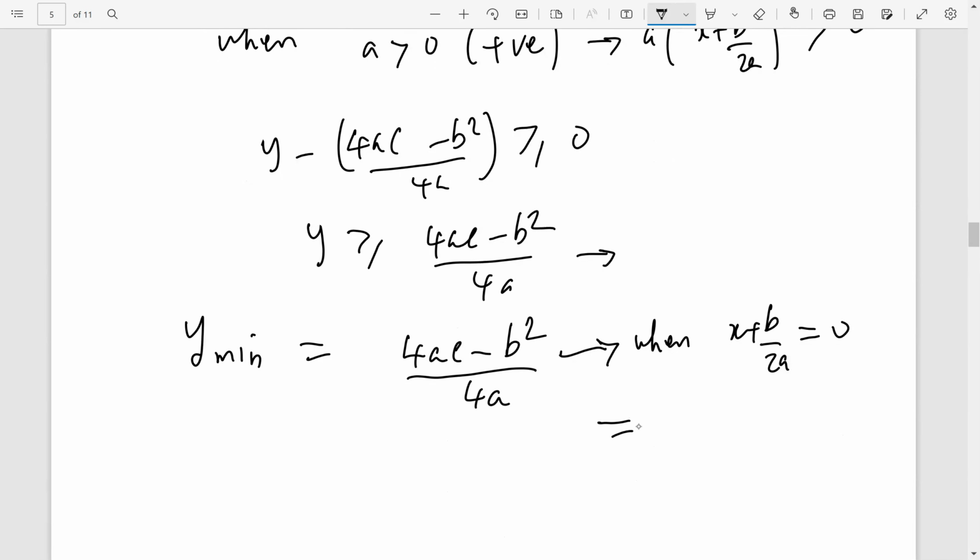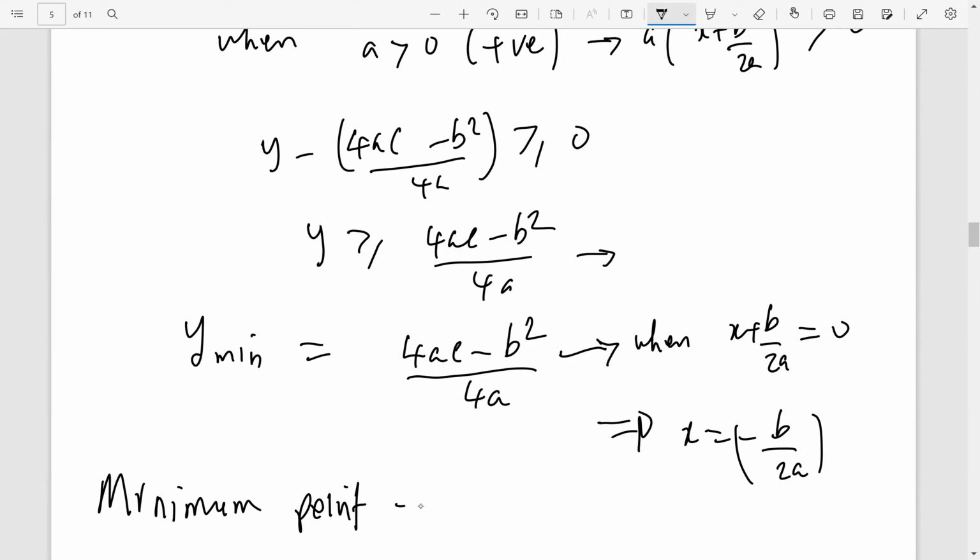So this is when x equals negative b over 2a, dear students. As you can see, we have the minimum value of y and the value of x which is giving us the minimum value. So we can find the minimum point.